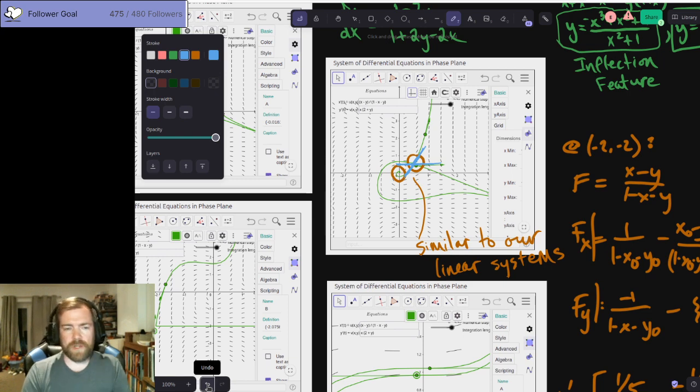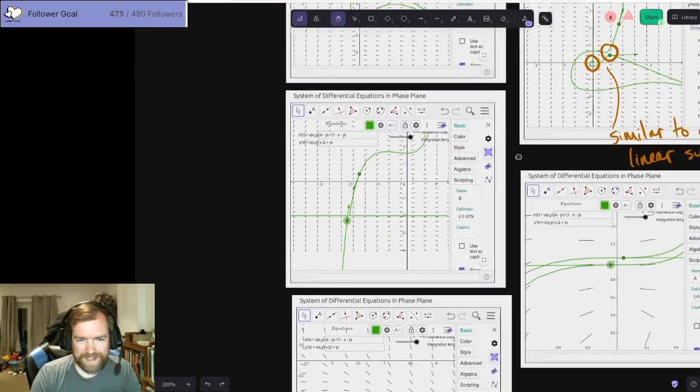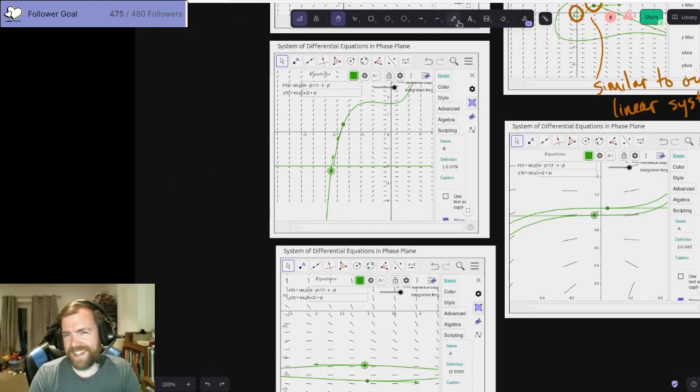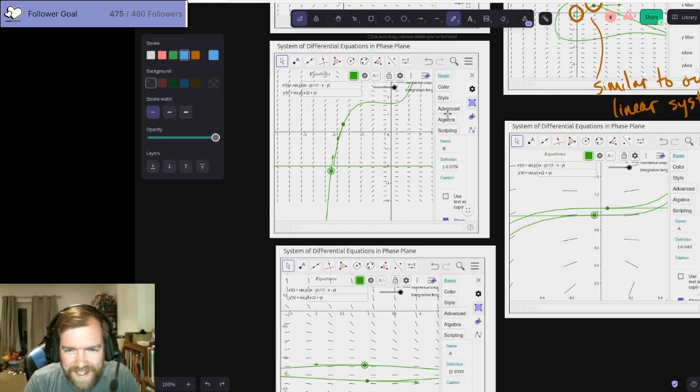Oh wait, you did -2, -2. Never mind, it's the other one, the one at the left there. That looks a little steeper, much better. So again, this is probably a 1 to 11 ratio, which is going to be very steep.